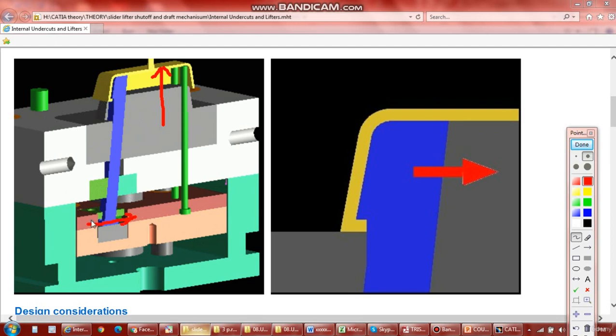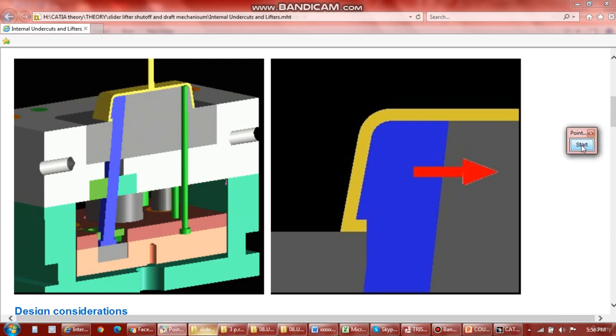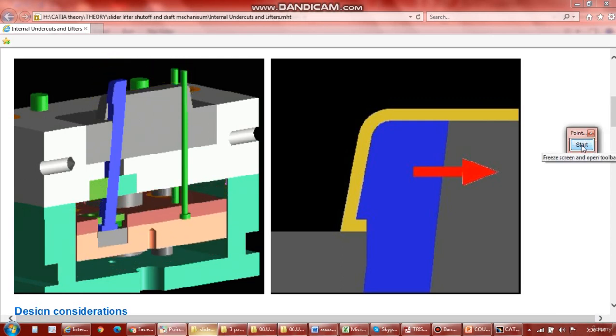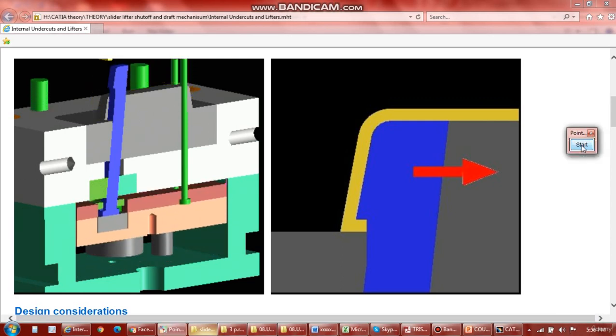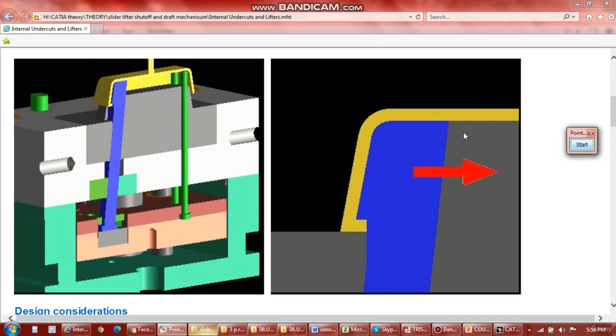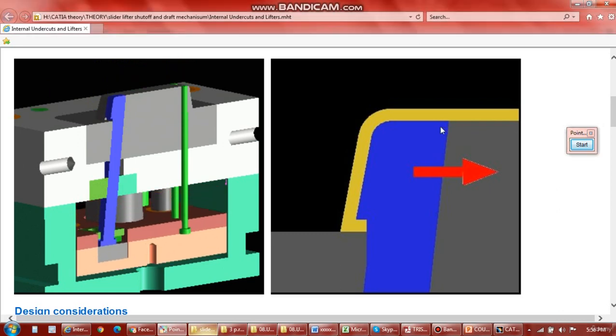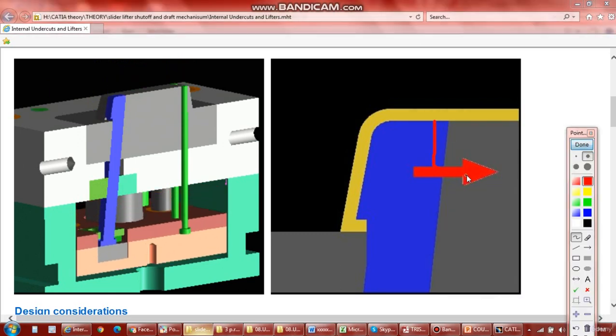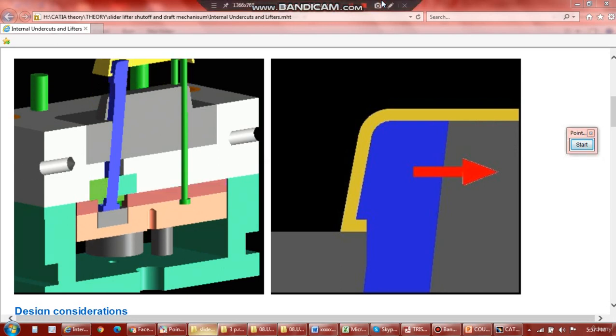There will be a mechanism. This is the lifter mechanism, and the same lifter will work if the undercut, the doghouse, is here. So this is how it will work.